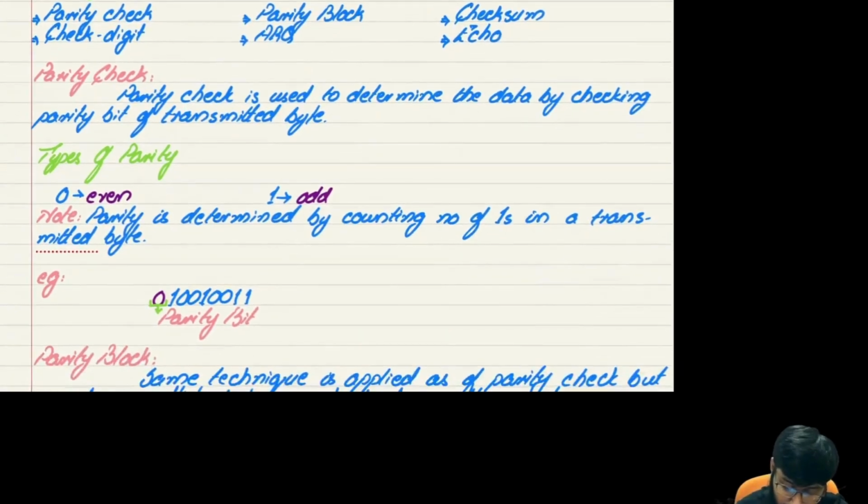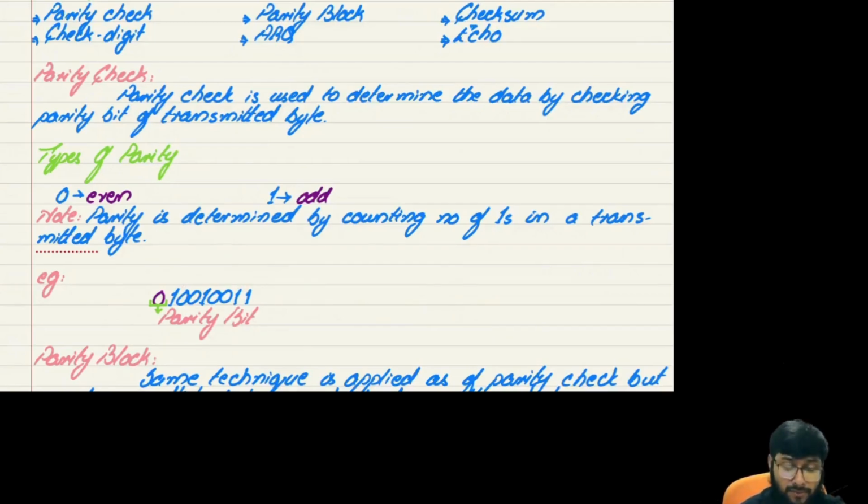Now, the first bit from the right hand side, or the last bit from the left hand side, is known as the parity bit. This bit is also known as the sign bit. It may also be known as the HSB, the highest significant bit. Now this bit is 0, that means there should be an even number of ones in this transmitted byte. So 1, 2, 3 and 4.